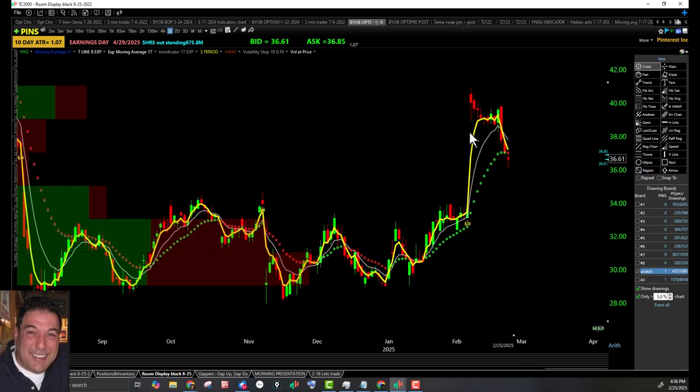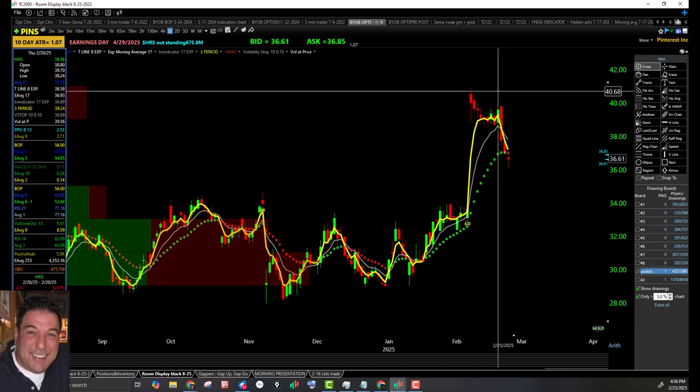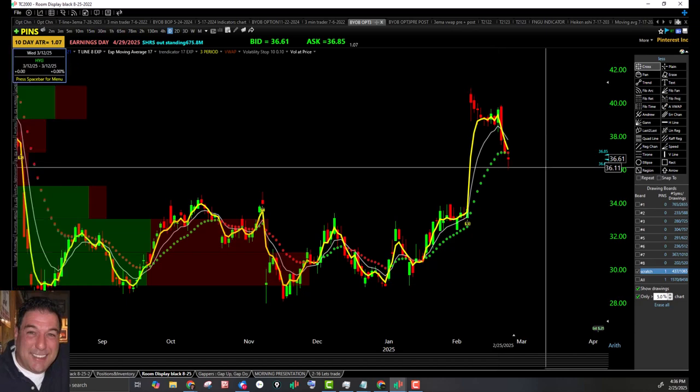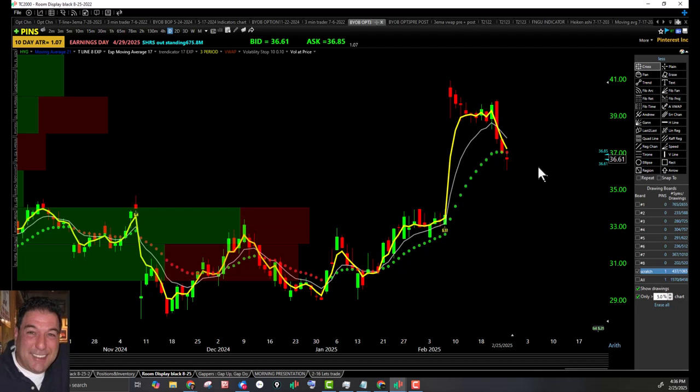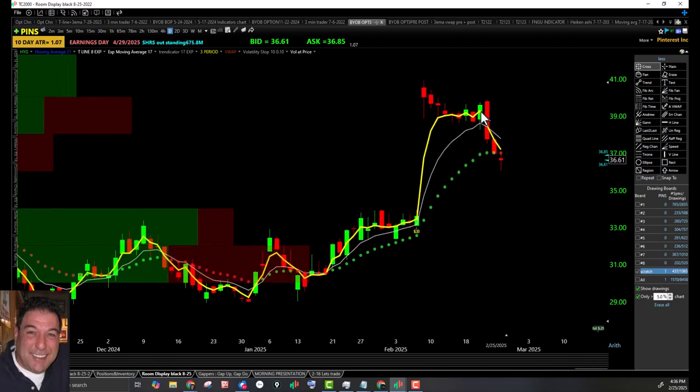But ever since making that higher high, sellers have ripped this thing apart, I'm just calling what I see, and they've made it travel from 40 all the way down to 36. And now you've got the 3 crossed underneath the 8.